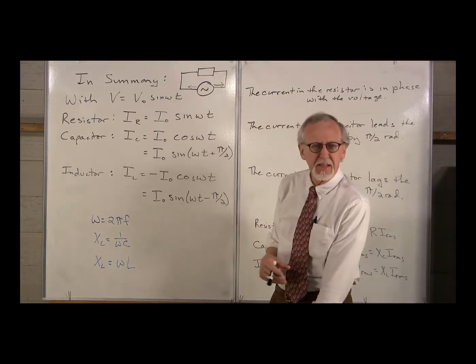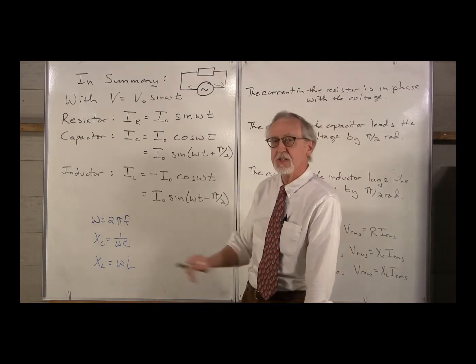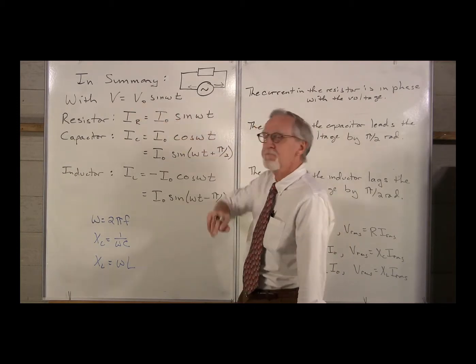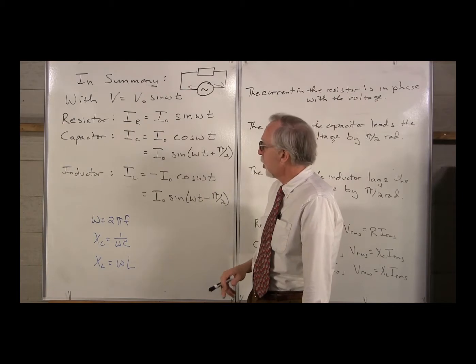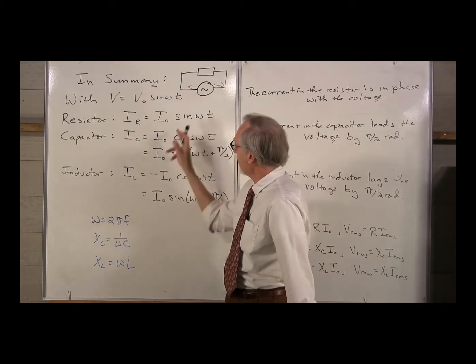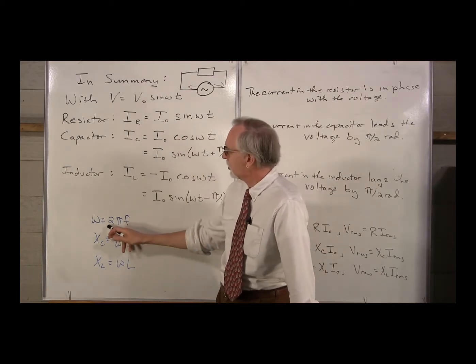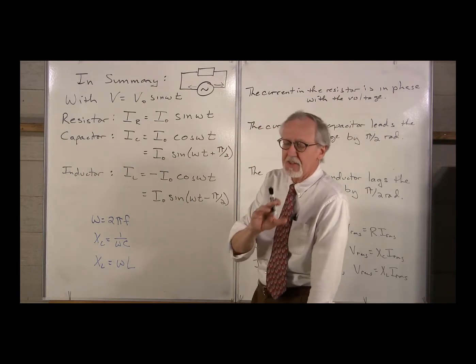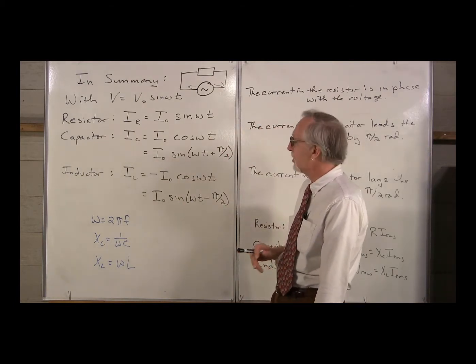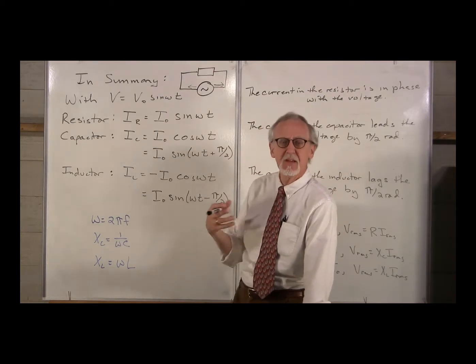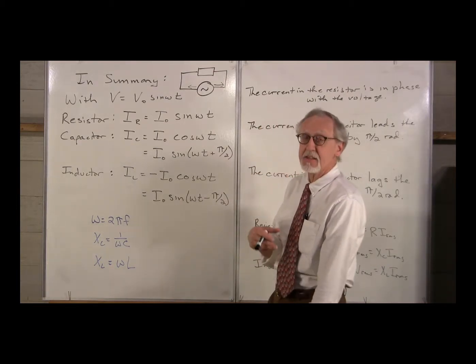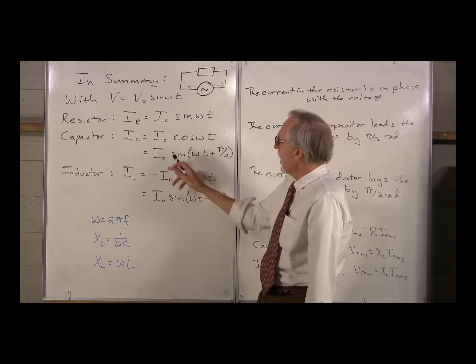And then we had some relationships between the applied voltage amplitude, V naught, and the responding current amplitude, I naught, where omega, the angular frequency, was equal to 2 pi f, where f was the ordinary frequency, telling us the number of cycles per second, and omega telling us the number of radians per second.